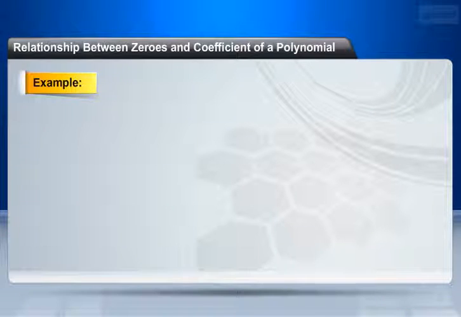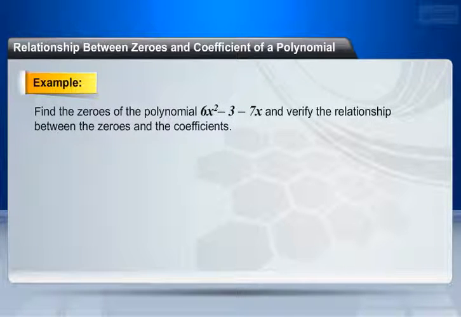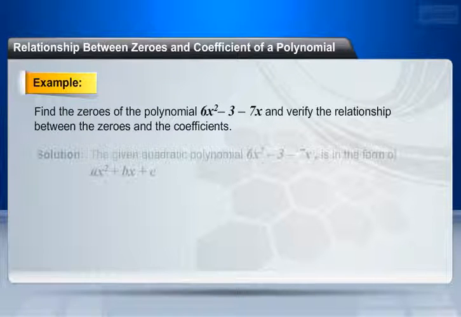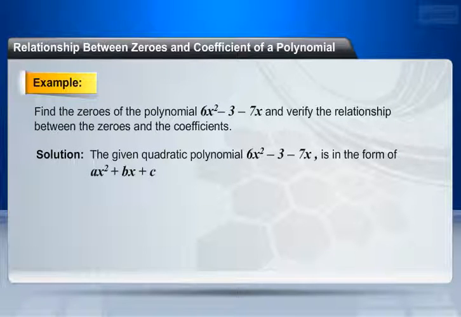Now we shall see some examples on the relationship between zeros and coefficients of a polynomial. Find the zeros of the polynomial 6x square minus 3 minus 7x, and verify the relationship between the zeros and the coefficients. Let's find the solution. The given quadratic polynomial is 6x square minus 3 minus 7x.